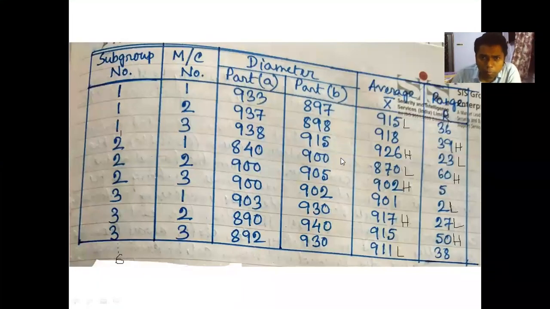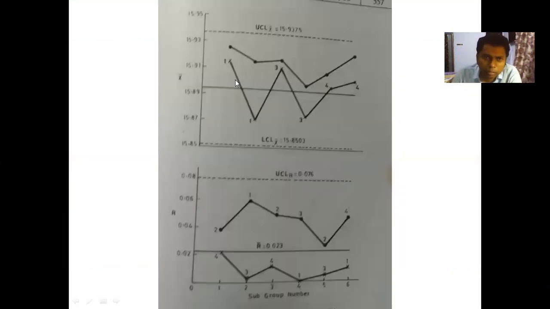Now, one modification is there. I have modified the slide. The main difference is that instead of three machines, they are using four machines, and the subgroup size is from 1 to 6. And the graph should be plotted not by taking the average.